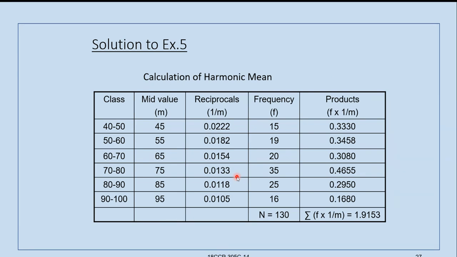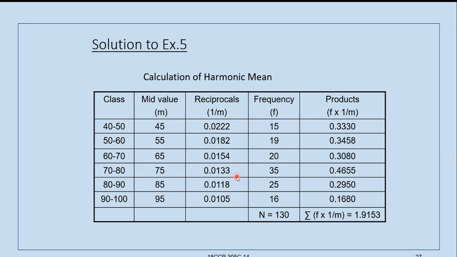So as I said, here 5 columns are there. First column is class interval, second column is mid value, third column is reciprocals, fourth column is frequency, and fifth column is f into 1 by m.